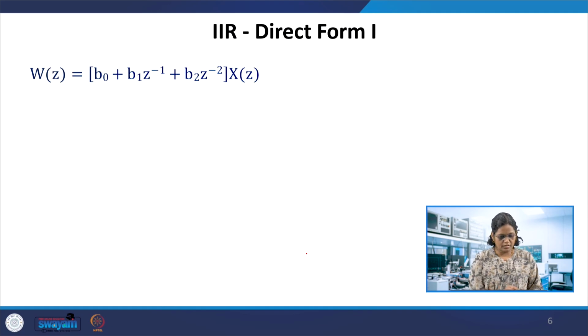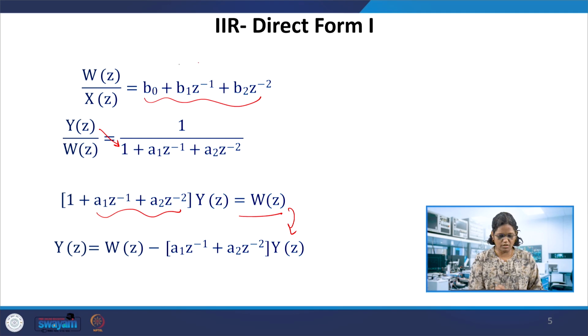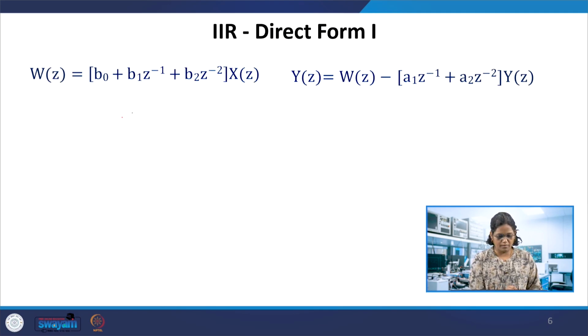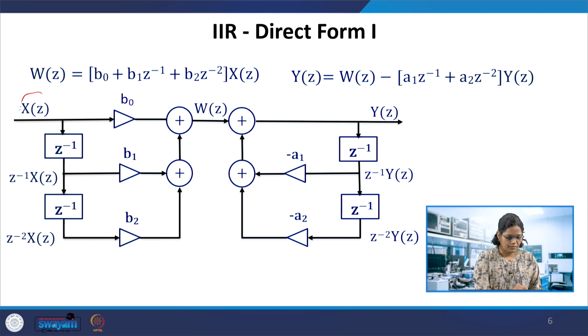Considering W of the numerator, this is the numerator, W is equal to this polynomial into X of z. From this we can obtain one equation, and the last equation from the second, H2, we can get W of z minus this. So how are we going to realize this? Take X of z, and you can see X of z multiplied by b0 is this path, X of z multiplied by b1 z to the power minus 1.